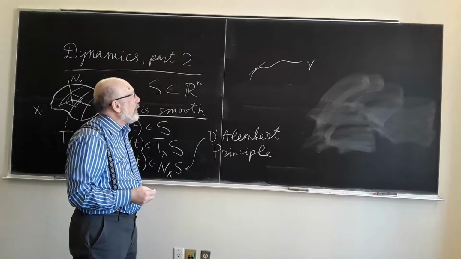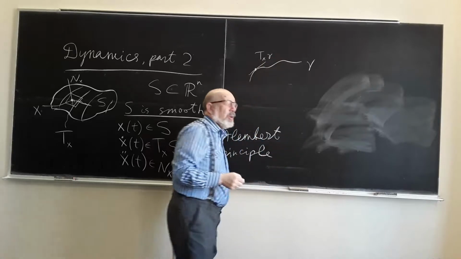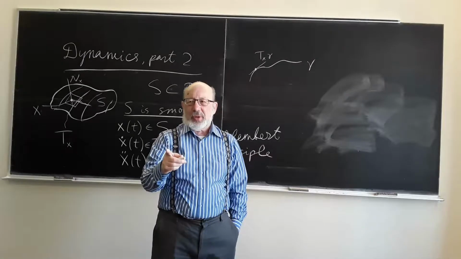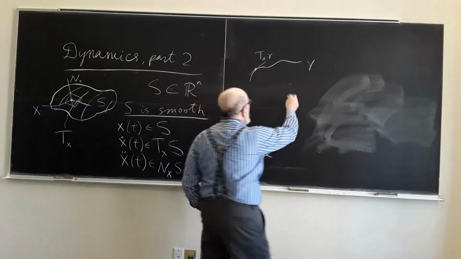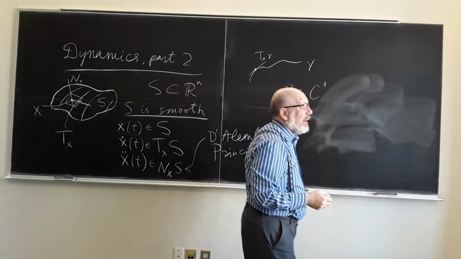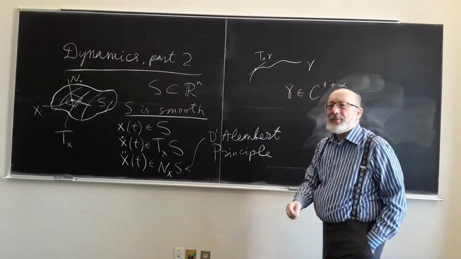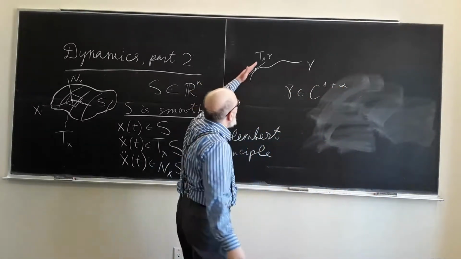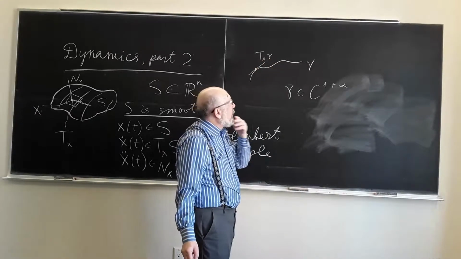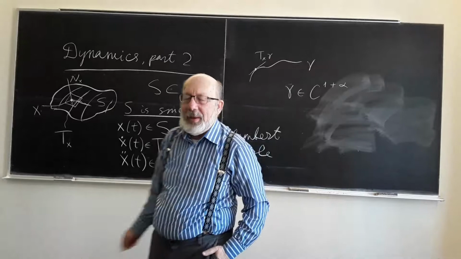The tangent line to gamma everywhere exists and depends continuously on the position x. So this means gamma is C1, a little more than C^(1+alpha). So the direction of this curve depends continuously on x, say Hölder continuous.